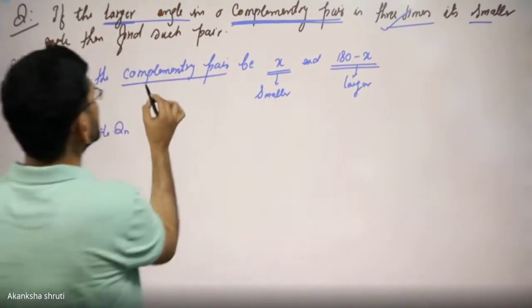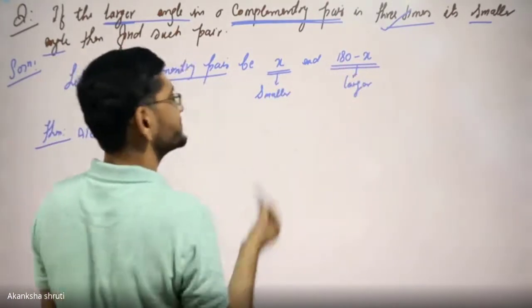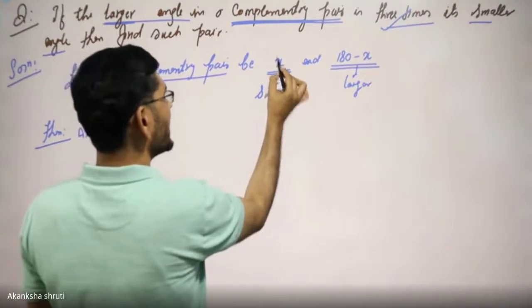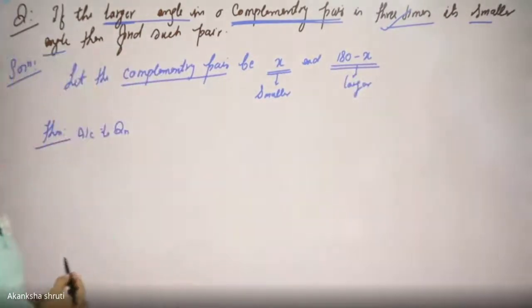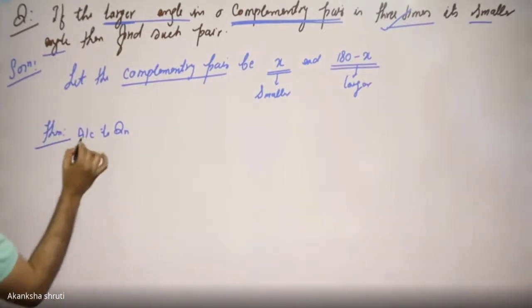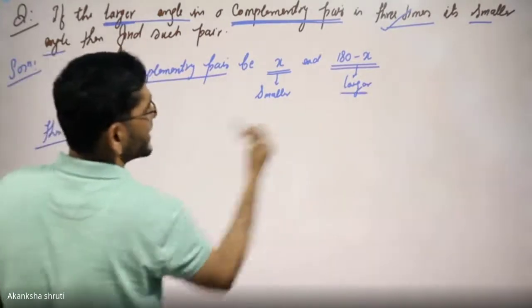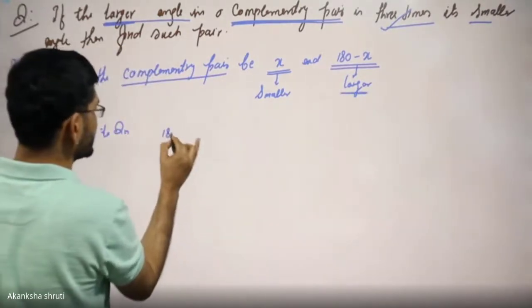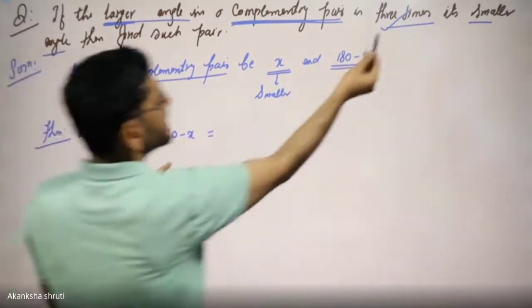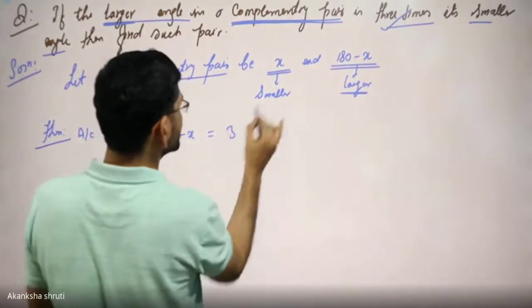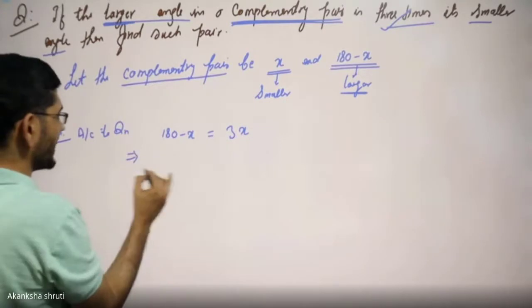Let the pair be x and 180 minus x. We assume that x is the smaller angle and 180 minus x is the larger angle. Then according to the question, the larger angle, 180 minus x, is equal to 3 times its smaller angle, so it becomes 3x. From this we have to calculate the value of x first.